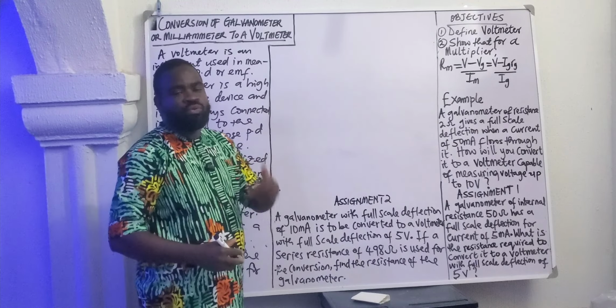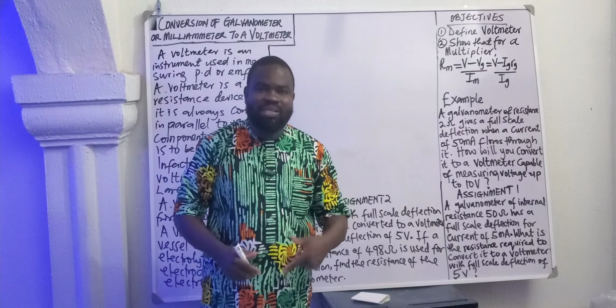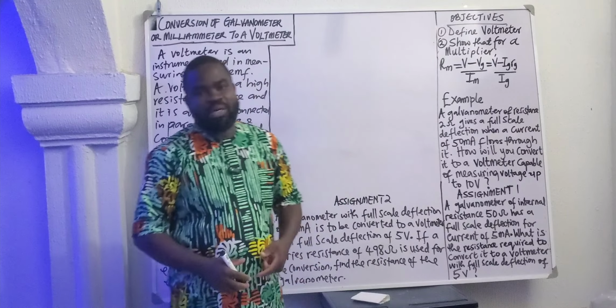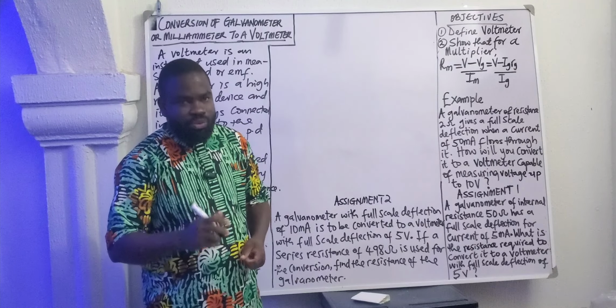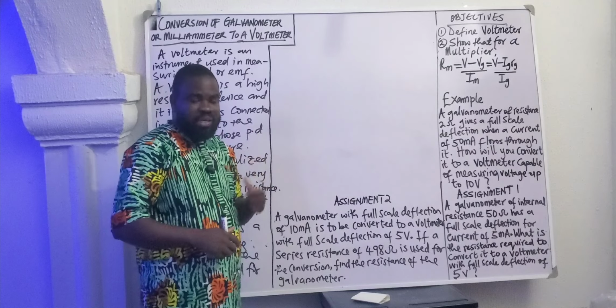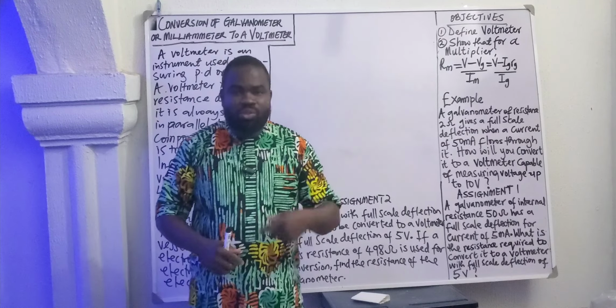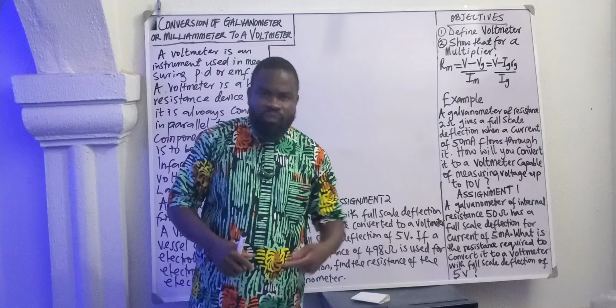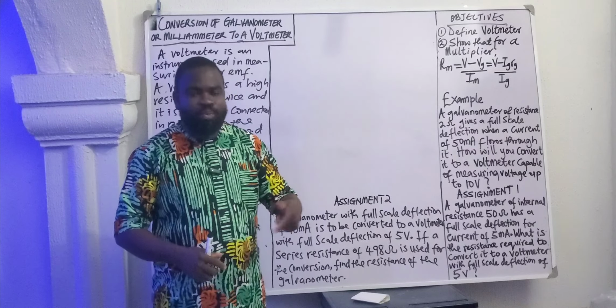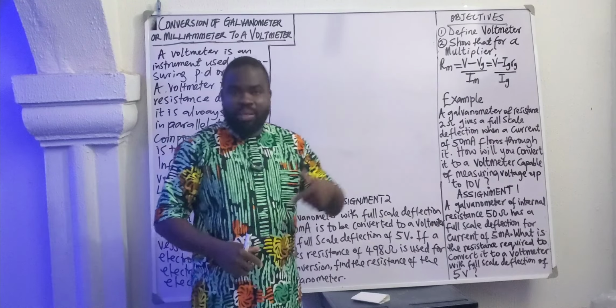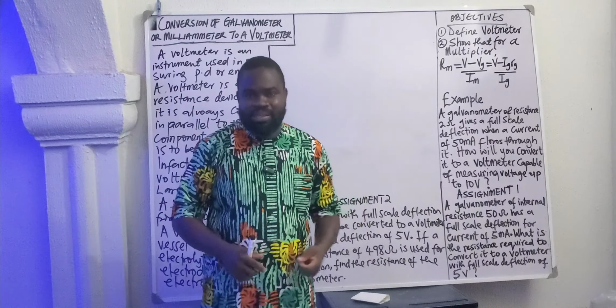Now, how do we convert a galvanometer into a voltmeter? Mind you, a galvanometer, like I said in last class, measures very small value of current. Another instrument that does that is a milliammeter or a microammeter. So this topic could have been about converting a microammeter into a voltmeter.